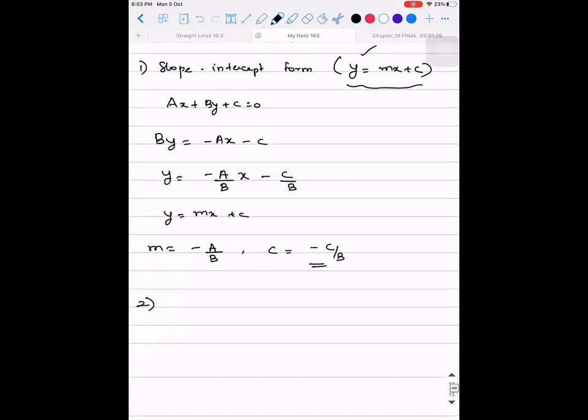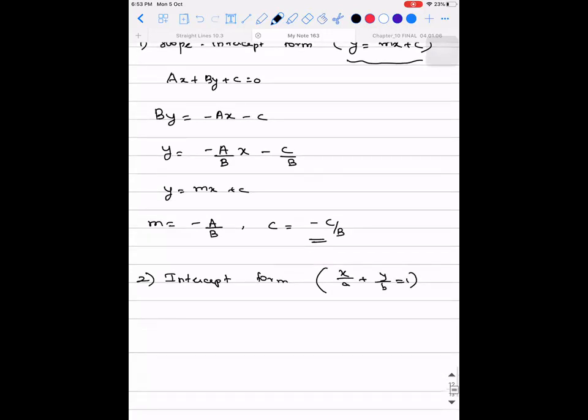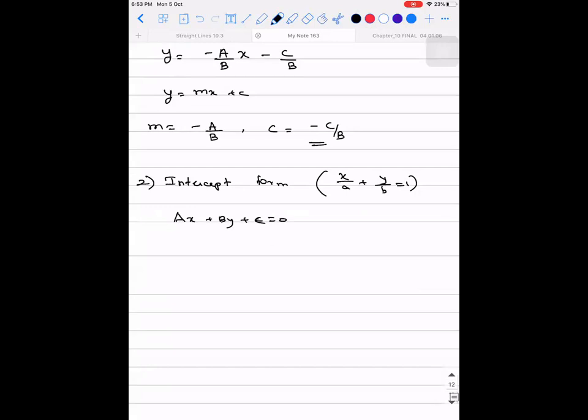The next is intercept form. Intercept form is x by a plus y by b is equal to 1. What is the line that is given to us? Ax plus by plus c is equal to 0. You need to write it in the form x by a plus y by b is equal to 1. For that, the right hand side should be 1, so we have minus c.